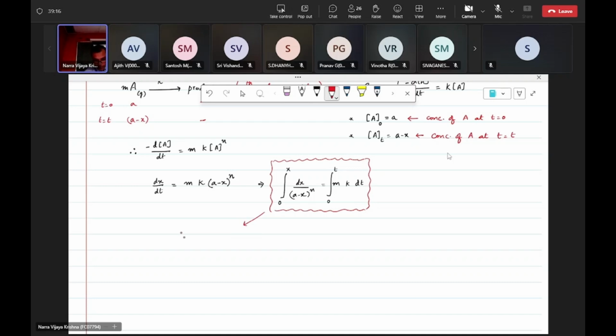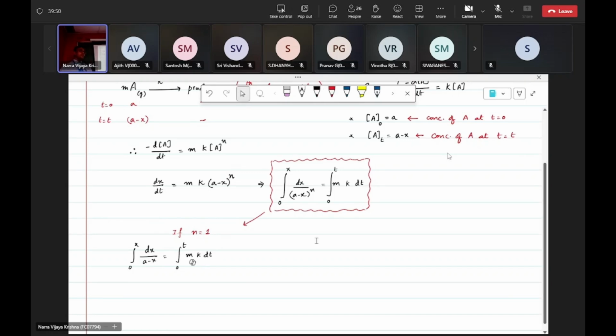If n is equal to 1, then what is the equation? Integral 0 to x dx upon a minus x is equal to integral 0 to t mk dt. What is integral 1 upon a minus x? Log a minus x base e, and differentiation of a minus x is minus 1.